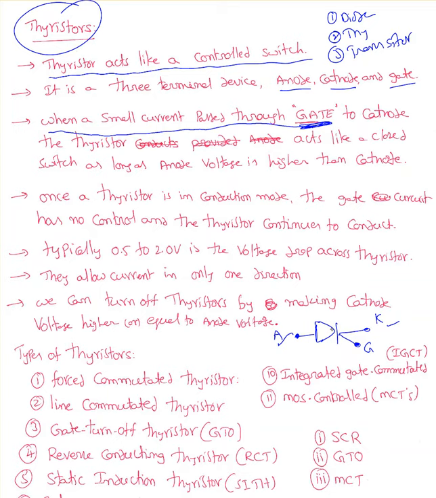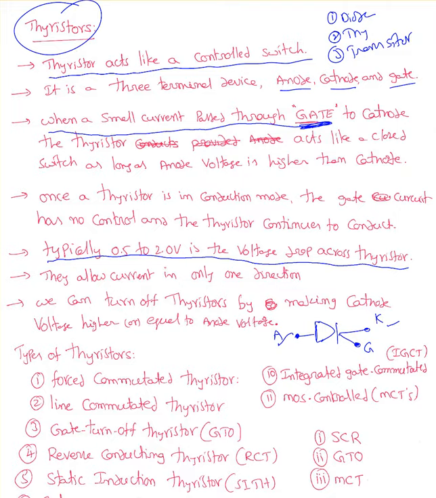Whenever the cathode voltage is higher than the anode, it acts like an open switch again. To act like a closed switch again, it needs the gate voltage. Typically, 0.5 to 2 volts is the voltage drop across the thyristor, depending upon the thyristor type.